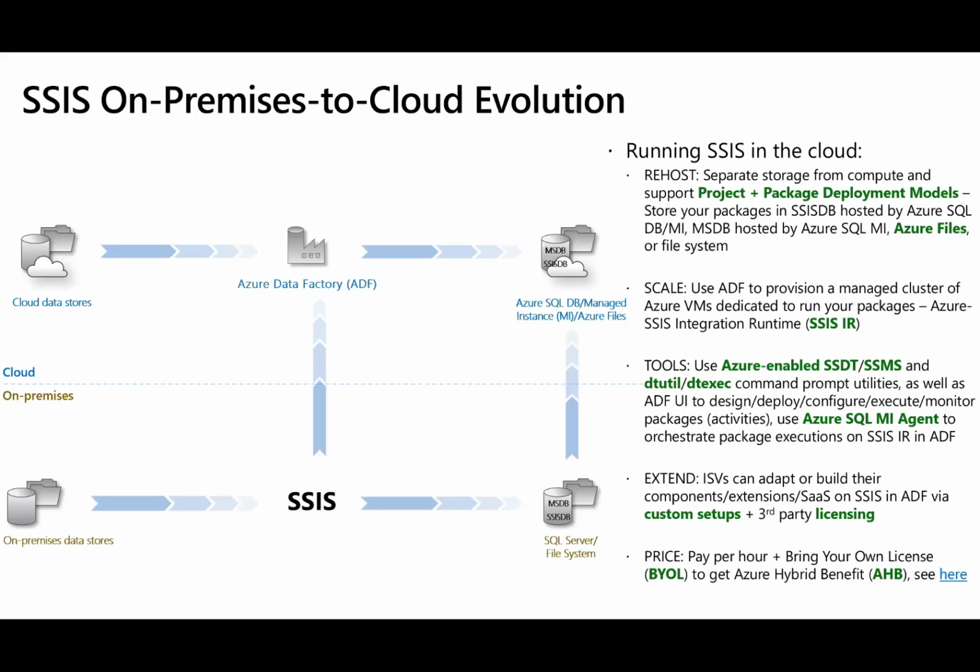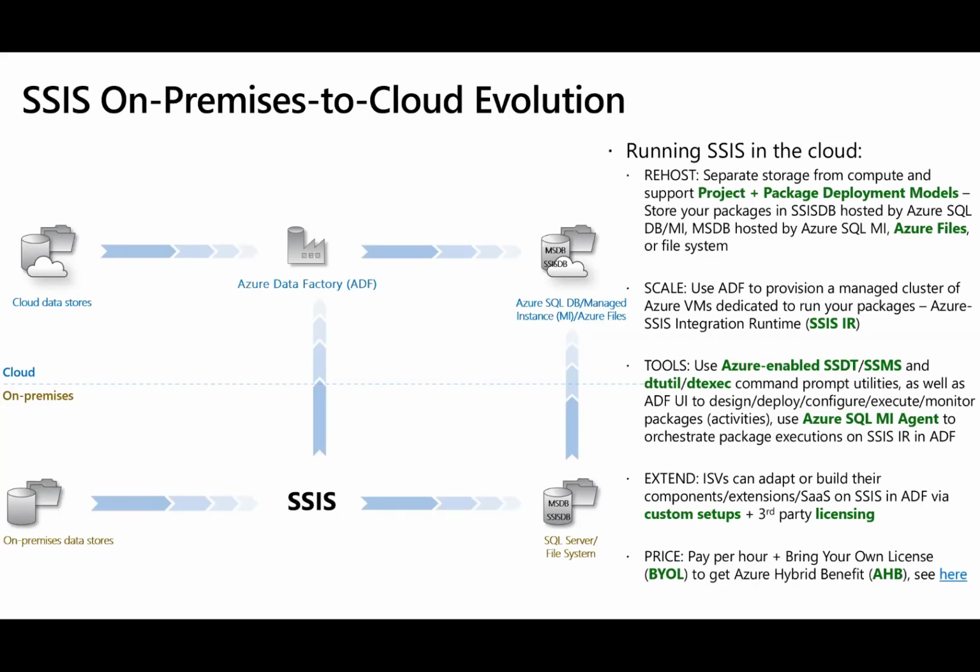So we make sure you can manage the cost of running your SSIS. We introduced a pattern to just-in-time provision, restart and stop your SSIS. We also introduced the Azure Hybrid Benefit, or AHB, option, where you can leverage your existing on-premises SQL Server licenses in the cloud. When you do that, you don't pay for the intellectual property of SQL anymore. You simply pay for the VM costs and the managed service costs.